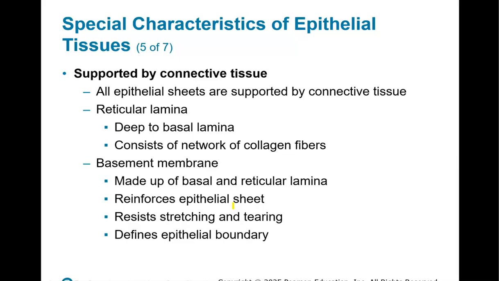You do need to know that all epithelial tissue is connected to a basement membrane. That would be on the basal surface of the epithelial tissue. There's always a basement membrane, and that basement membrane is attached to the connective tissue underneath.